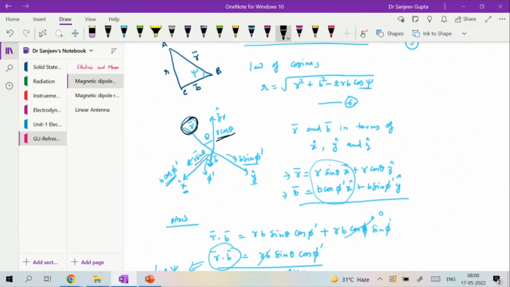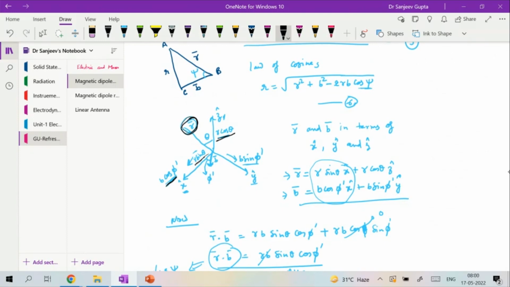So in the x direction you will have this b cos phi and R sin theta, and in the y and z direction you can have R cos theta and b sin theta. Therefore, we can have two vectors, that is the r vector. You can write r sin theta in the x direction plus r cos theta in the z direction.